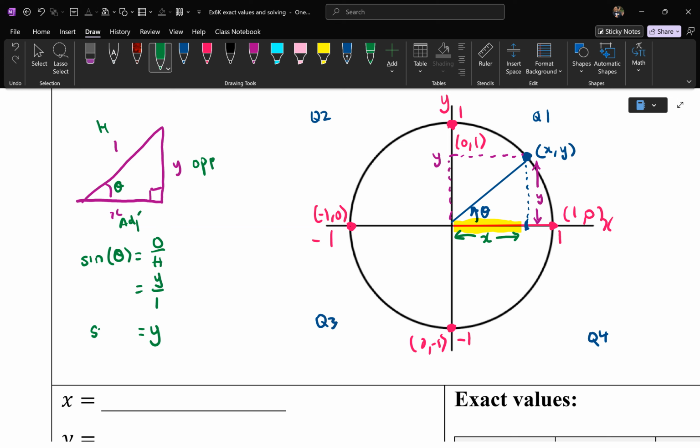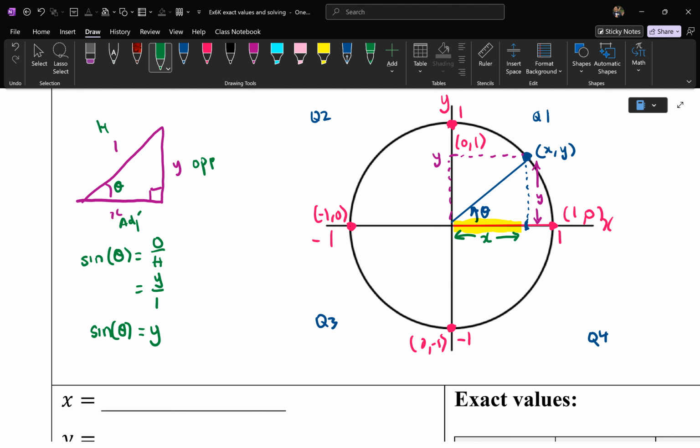So that means every time you type sine of theta on your calculator, it will give you the y coordinate in the circle. And theta is the angle. So if it's sine of 30 degrees, that will tell me the y, which is the height, the y coordinate when you make 30 degrees.